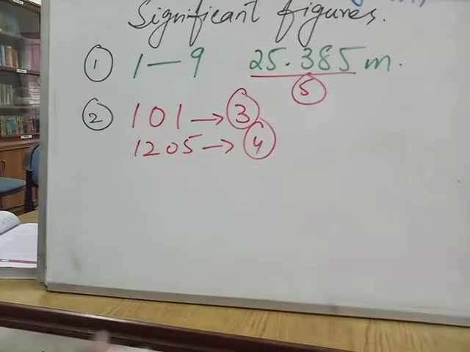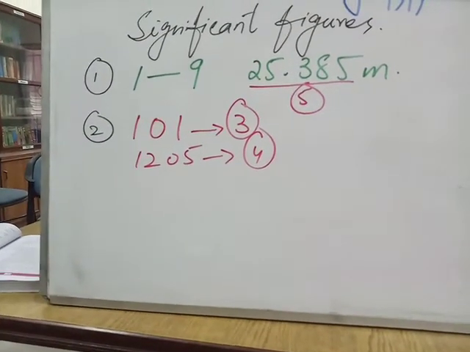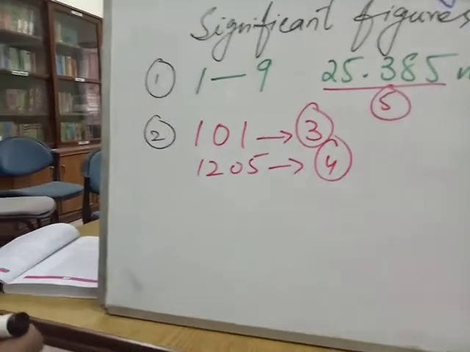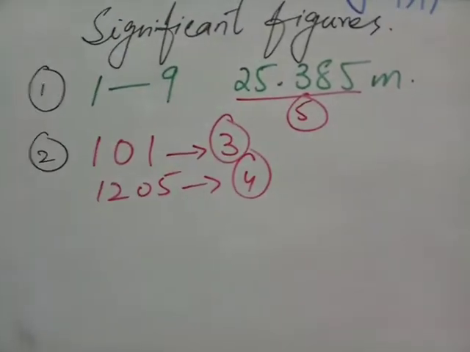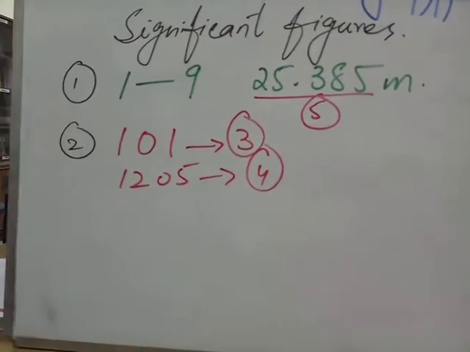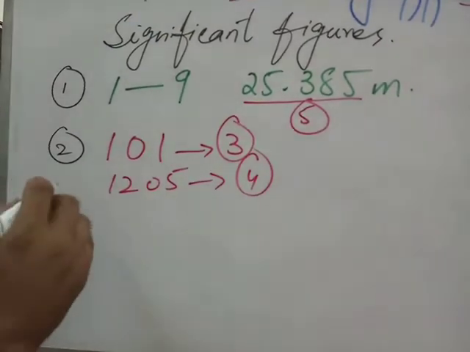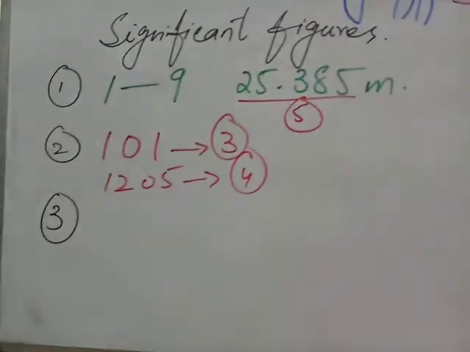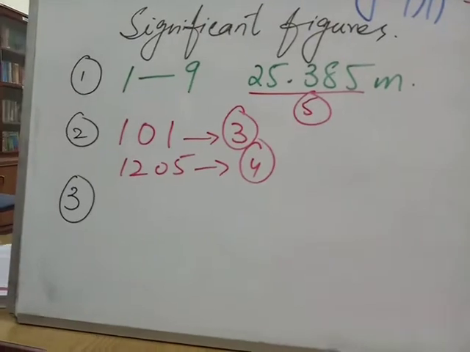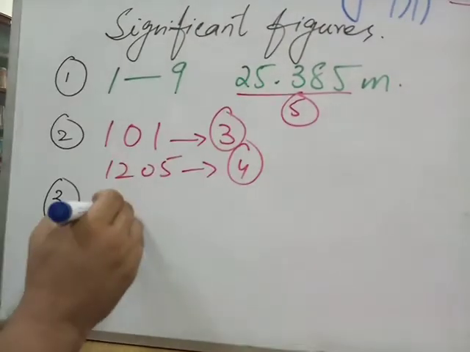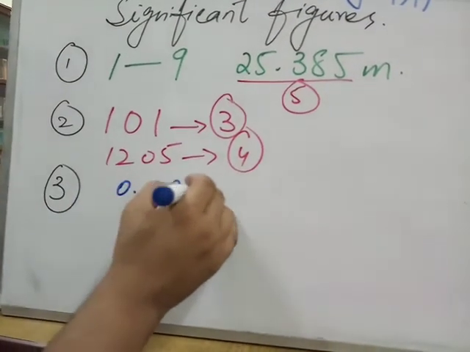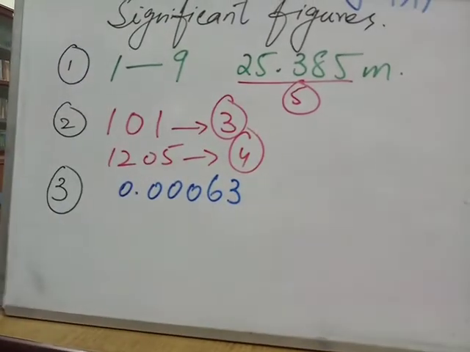And number 3, zeros to the right of a decimal symbol and to the left of non-zero digits are not significant. How? We have a number 0.00063.